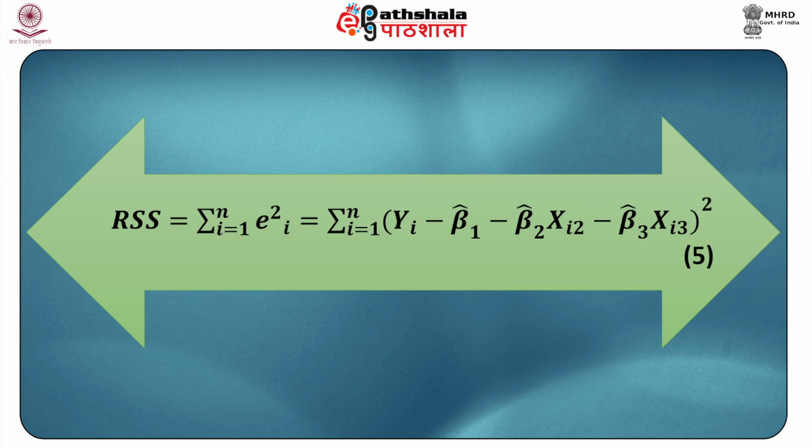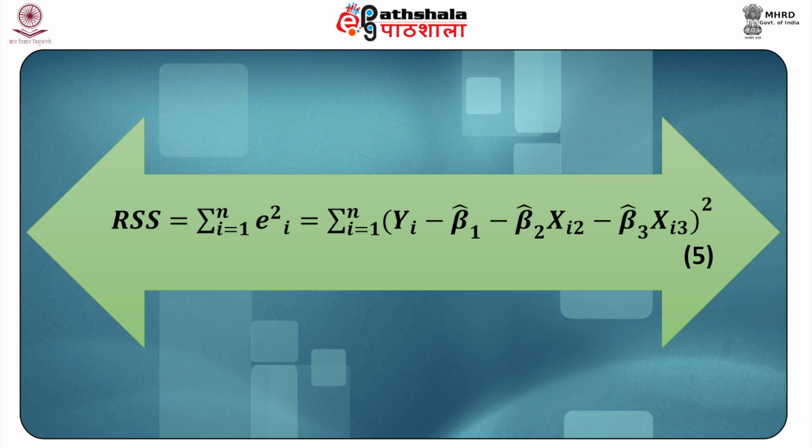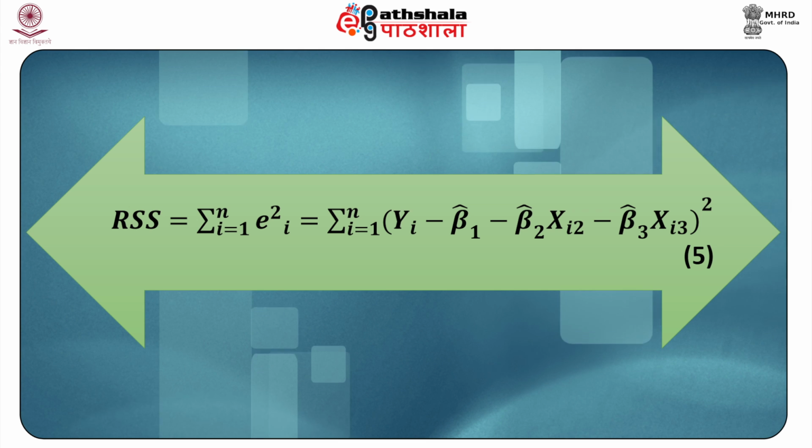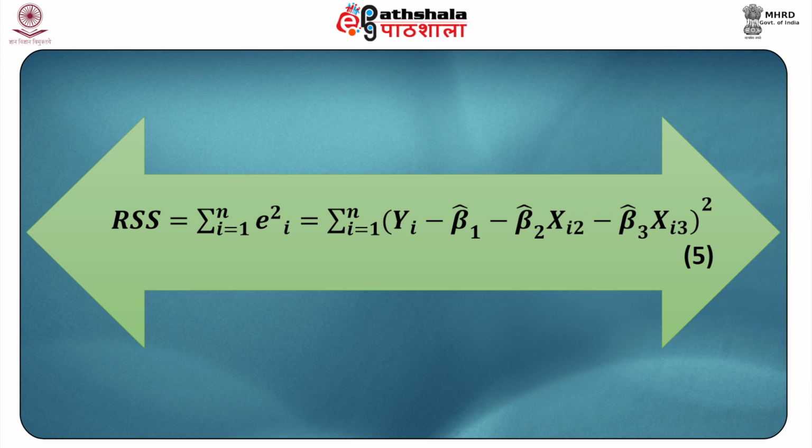So the residual sum of the squares RSS is equal to sigma ei square, where i is from 1 to n, and this can be written as sigma of yi minus beta 1 hat minus beta 2 hat xi2 minus beta 3 hat xi3 whole power 2, and i ranges from 1 to n. This is our equation 5.